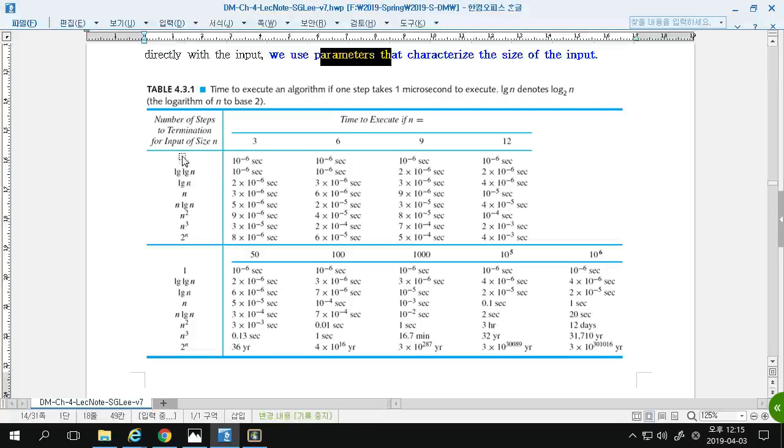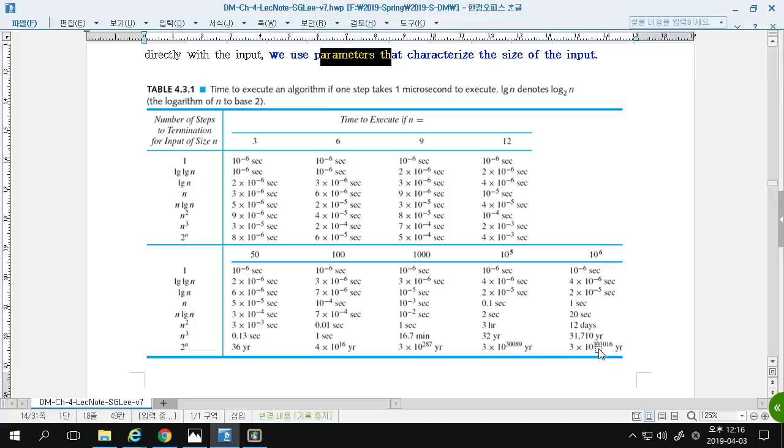As n goes to 3, 6, 9, 12, 50, 100,000, and 10 to the 6, as you see here, 2 to the n gets bigger and bigger and bigger, and is far bigger than you could imagine.